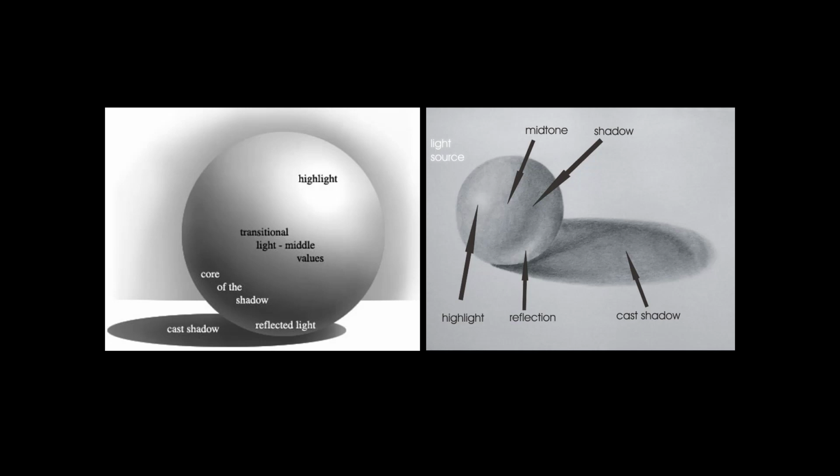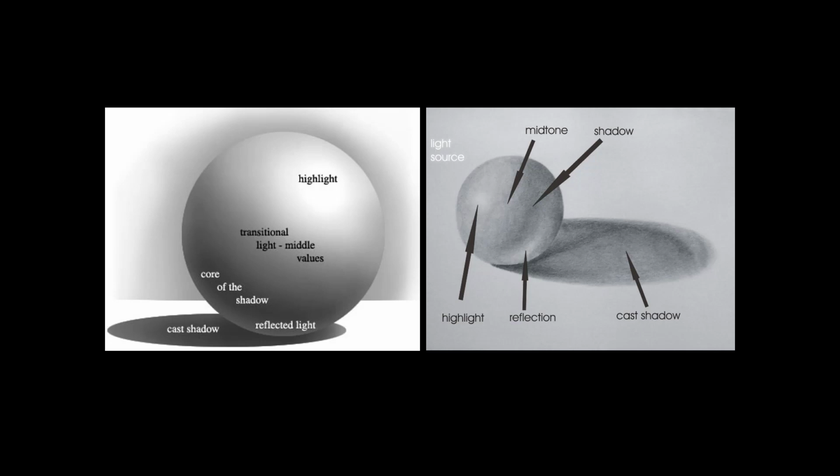There are a lot of other terms related to the use of value in art. Most of them you probably either already know or are going to get drilled into you in your drawing classes. But a highlight is the part that's light. You then have a midtone. You'll have a shadow.